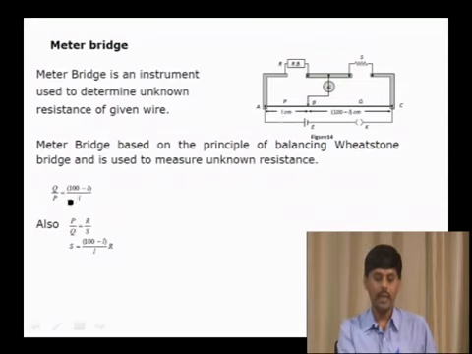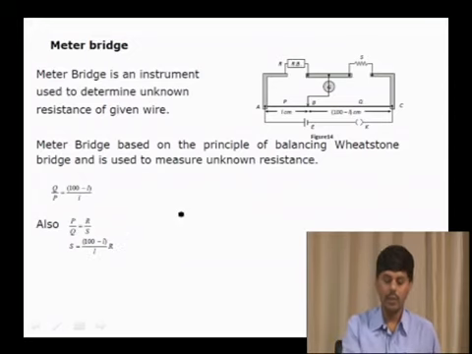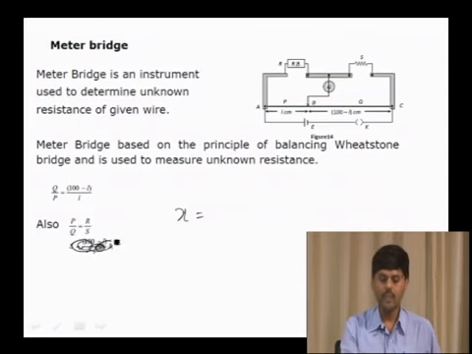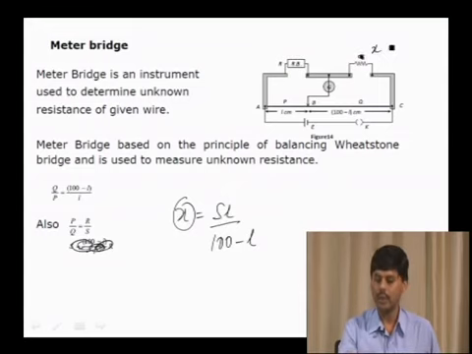See, in the balanced Wheatstone network, for this particular diagram, we have S is equal to (100 minus L) divided by L into R, or else you can calculate X is equal to SL divided by (100 minus L). If you want to calculate the value of X, in practical you measure X, where S is the standard resistance and X is the unknown resistance.